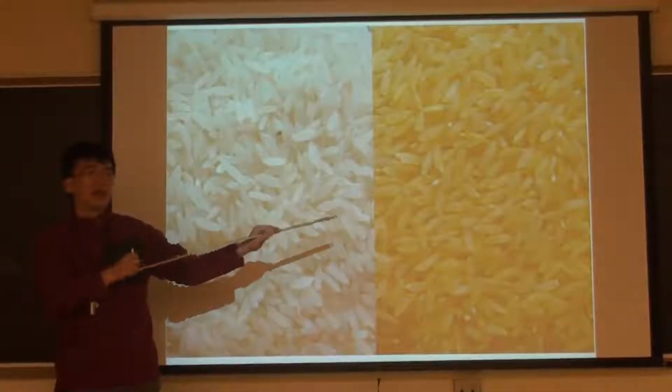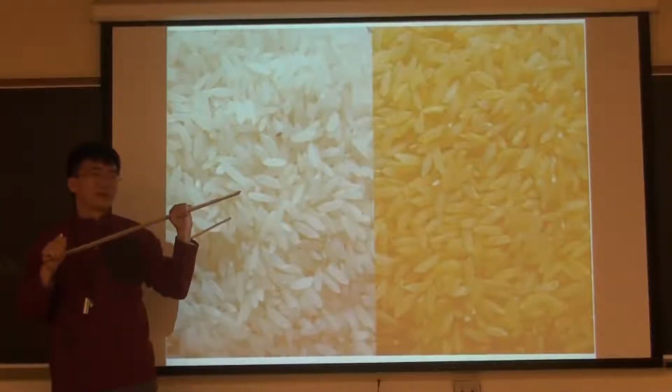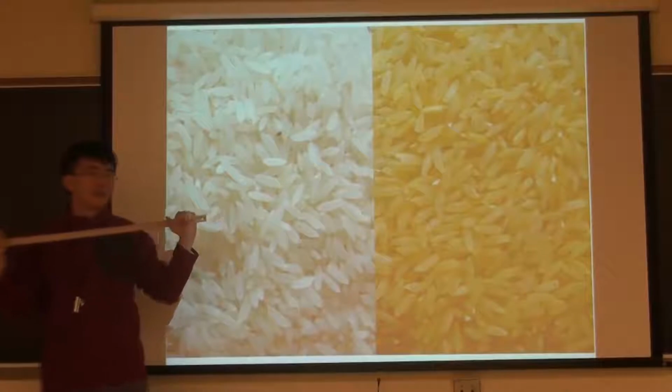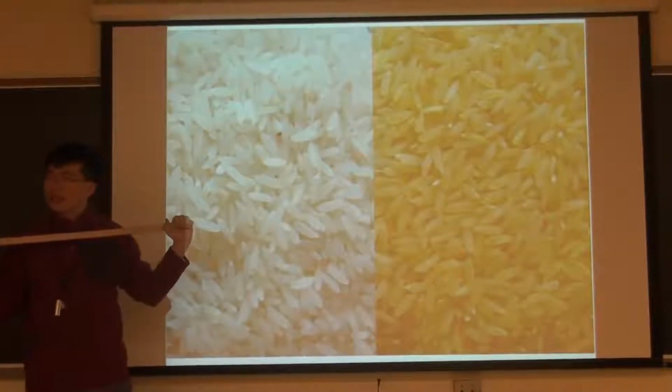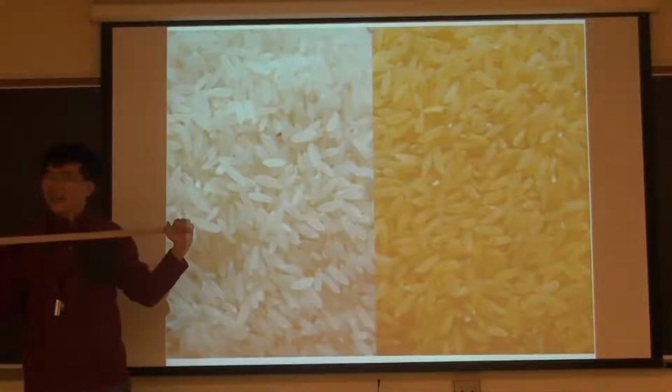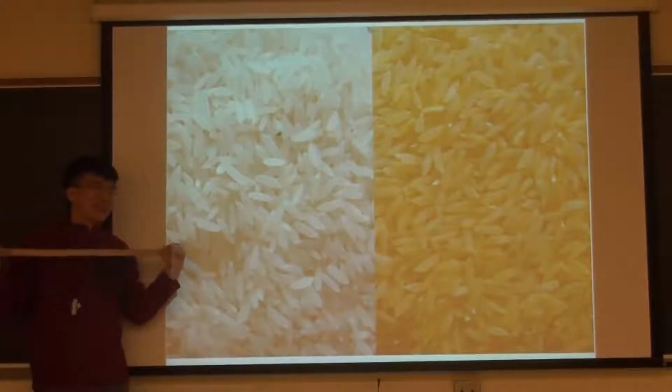GMO crop. Okay, raise your hand if you are for GMO. Raise your hand if you are against GMO. So if you're against GMO, then what do you eat? So you're against it. Okay.